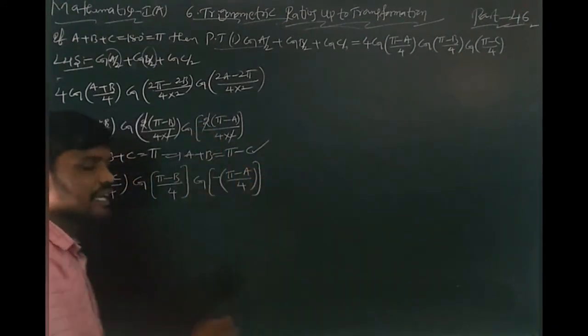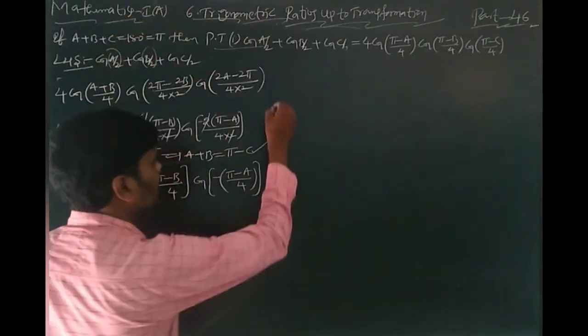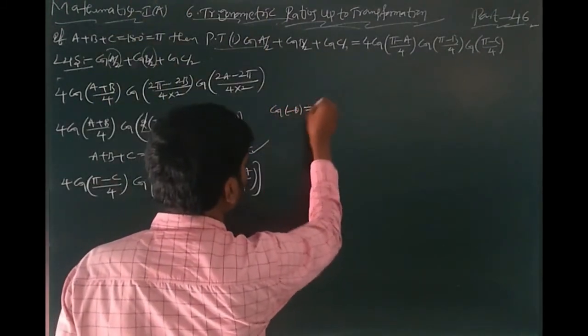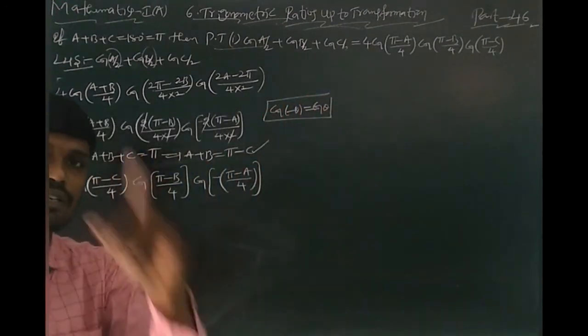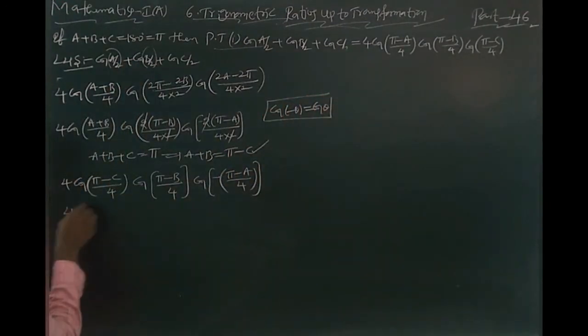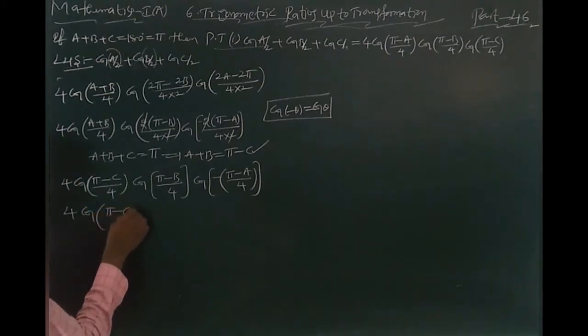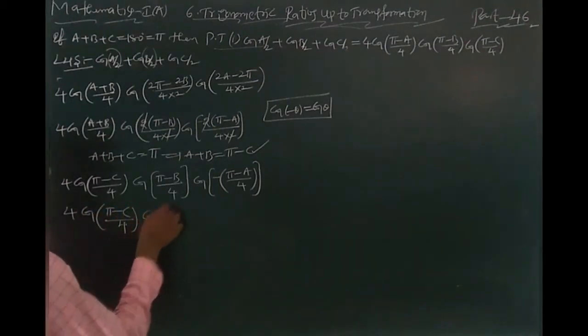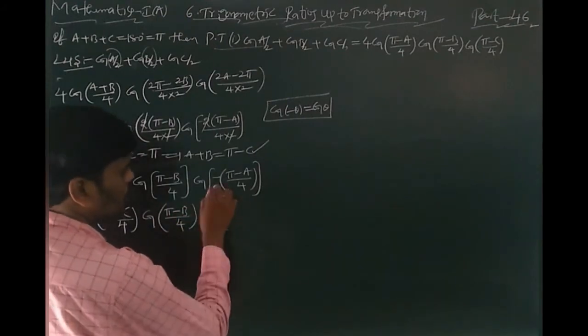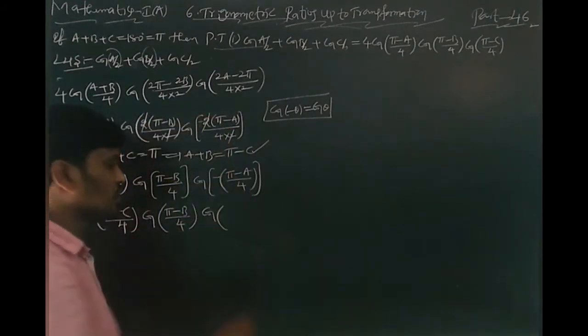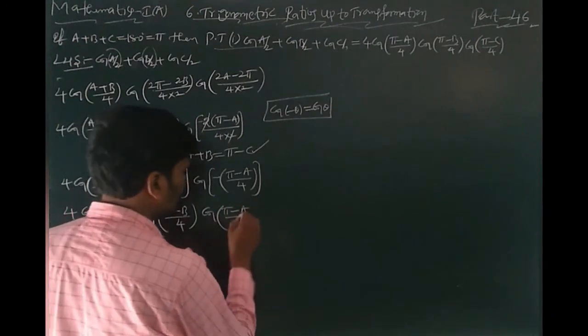Here minus is there. Cos of minus theta value is cos theta. You can write 4 cos of 5 minus c by 4, cos of 5 minus b by 4, cos of minus theta, cos theta, you can write 5 minus a by 4.